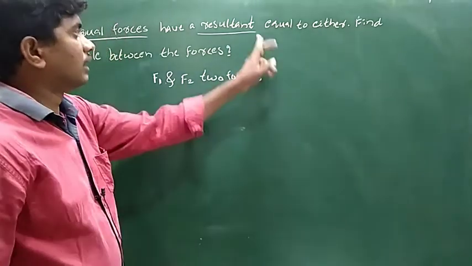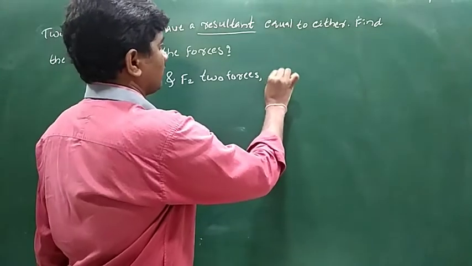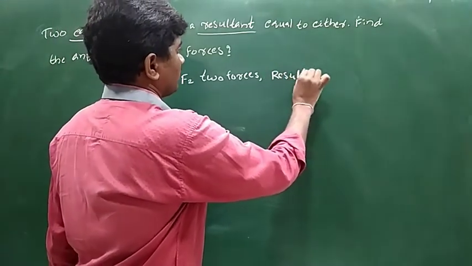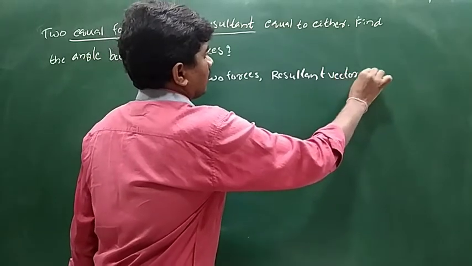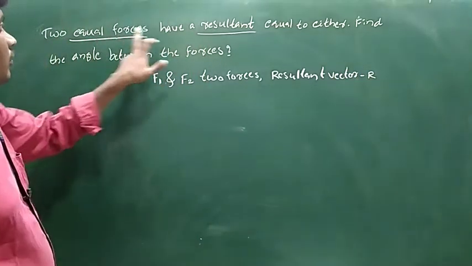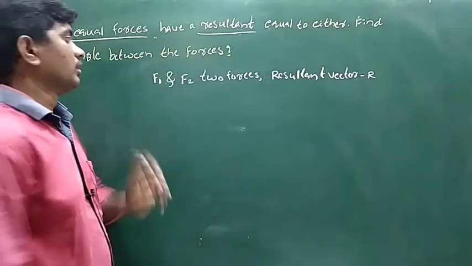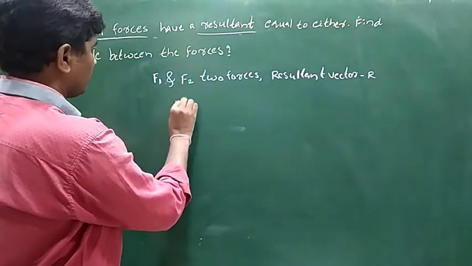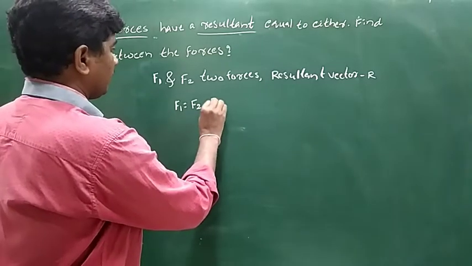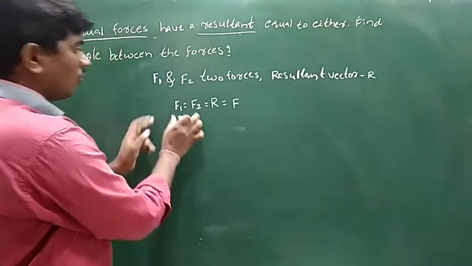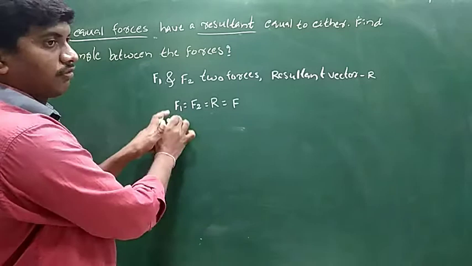Next one, R is the resultant vector. Therefore, two equal forces have a resultant equal: F1 equal F2 equal to R equal F. Two forces and resultant vector are equal to F.